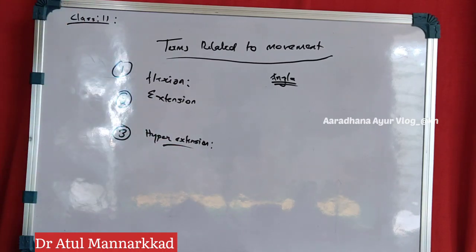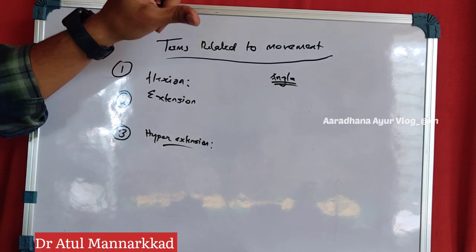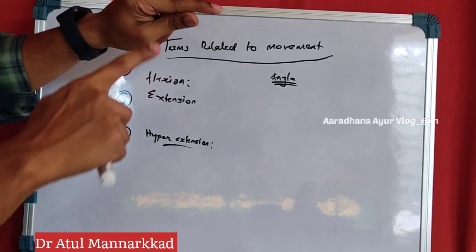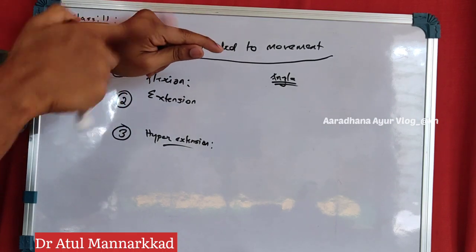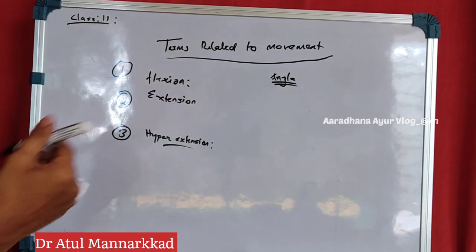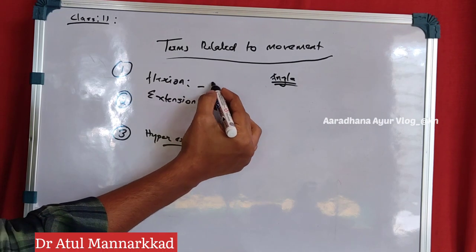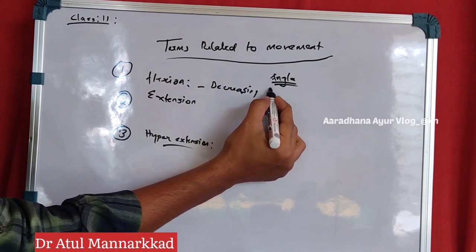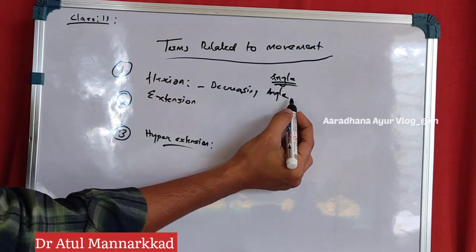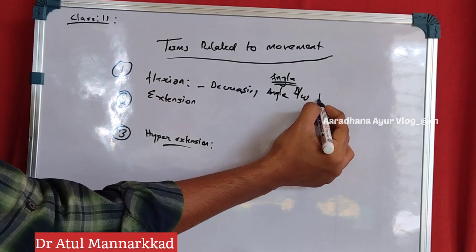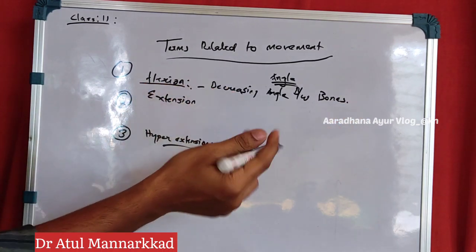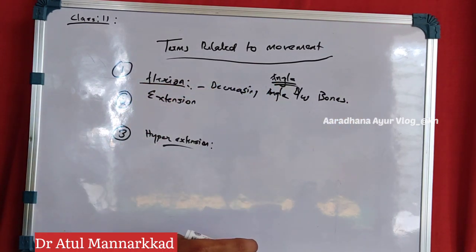In the elbow joint, or any joint, when we consider two bones, if there is an angle created between the two bones, we call it extension, and if there is no angle between the two bones, that is flexion. So decreasing the angle between bones, that is 0 degree, we call flexion.